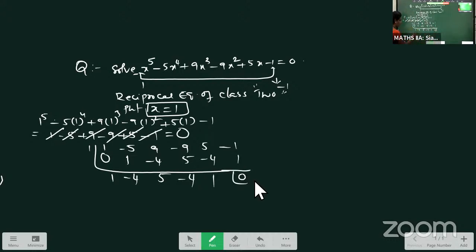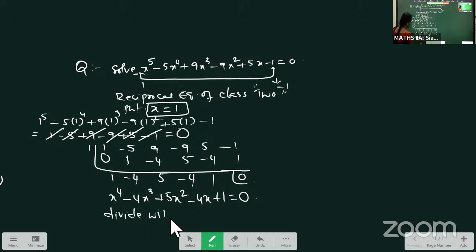Then we have diminished one root from here to here. So we have to write this as x power 4 minus 4x cube plus 5x square minus 4x plus 1 is equal to 0. As I told you yesterday, whenever the equation starts with x to the power of 4, we have to divide the equation with x square. So divide with x square.